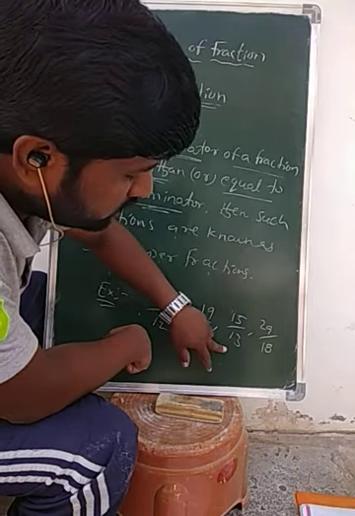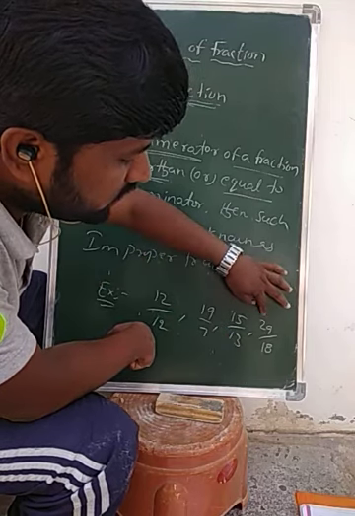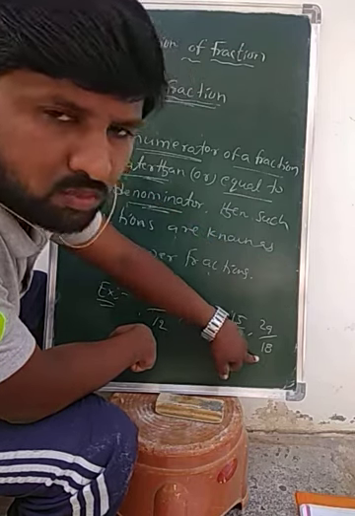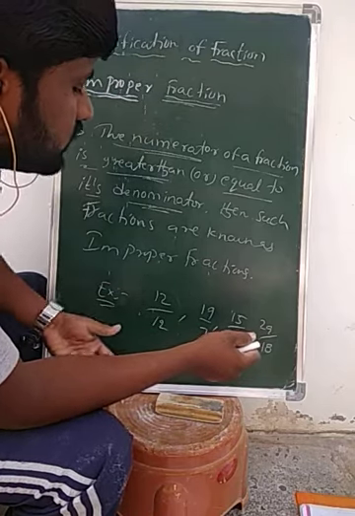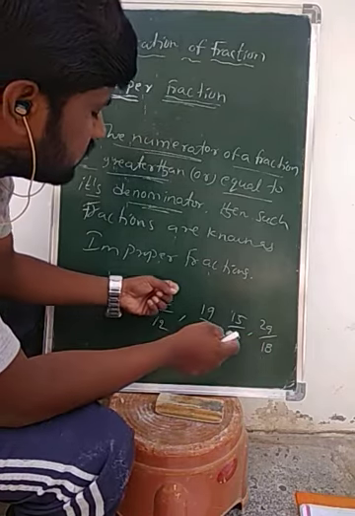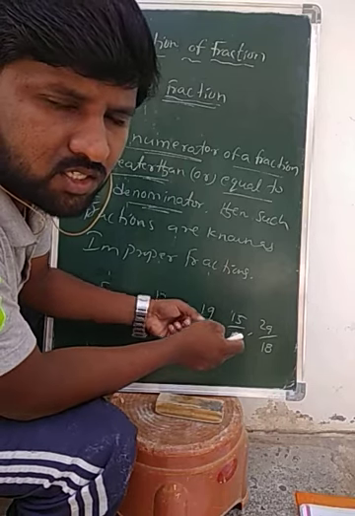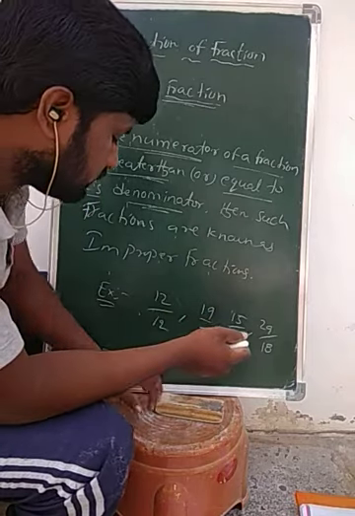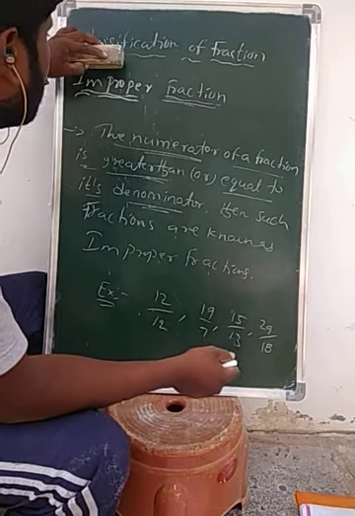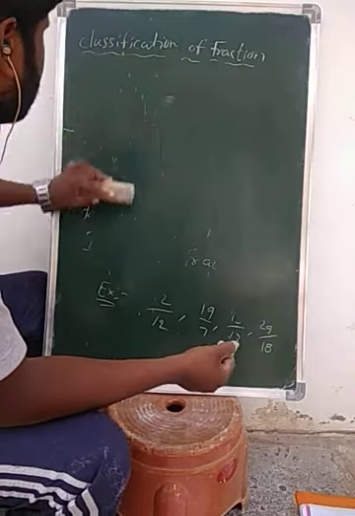Numerator big, denominator small. So 29 is a big number and 18 is a small number. So clearly improper fraction means the numerator of a fraction is equal to its denominator or greater than its denominator. Is it clear? So these are the examples of an improper fraction. Next, mixed fraction.